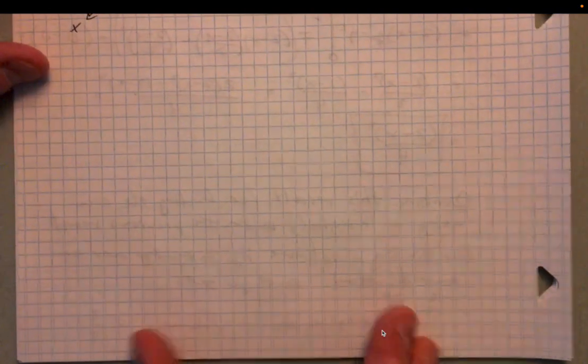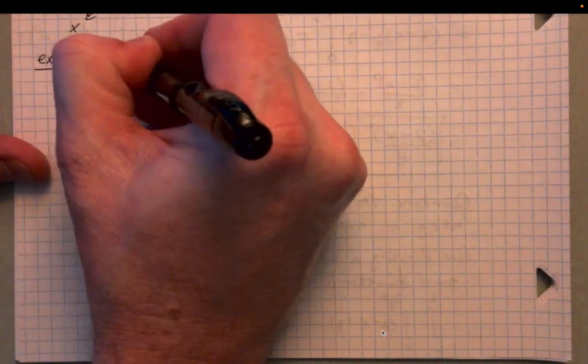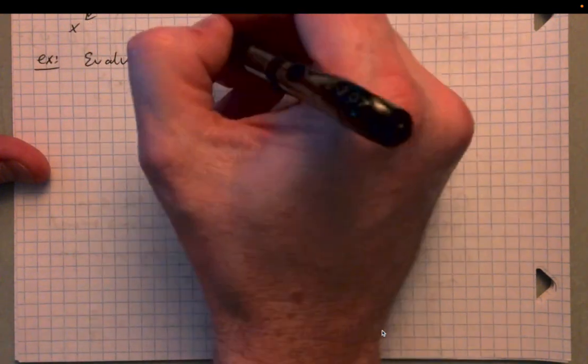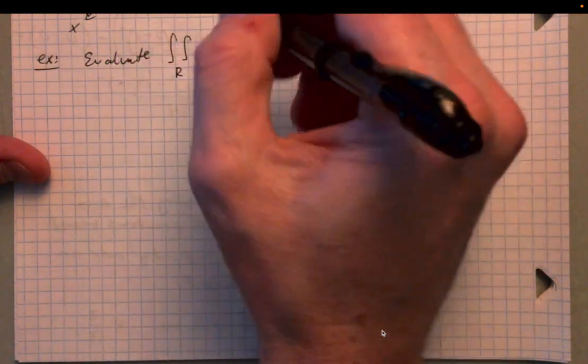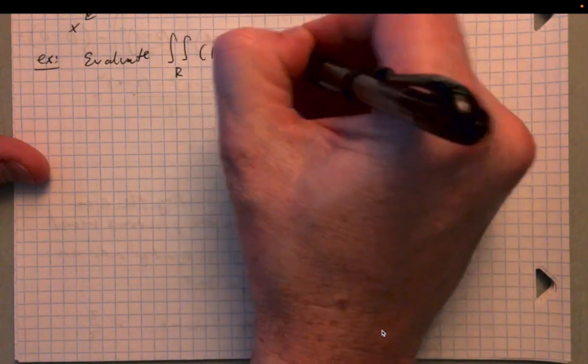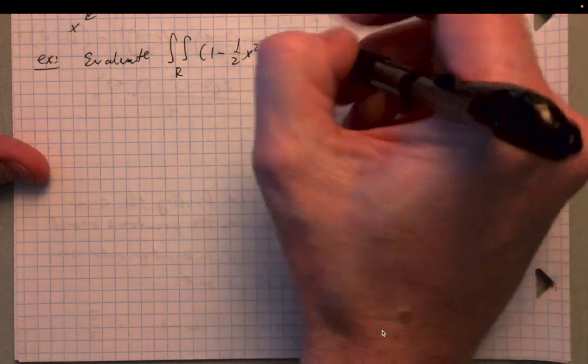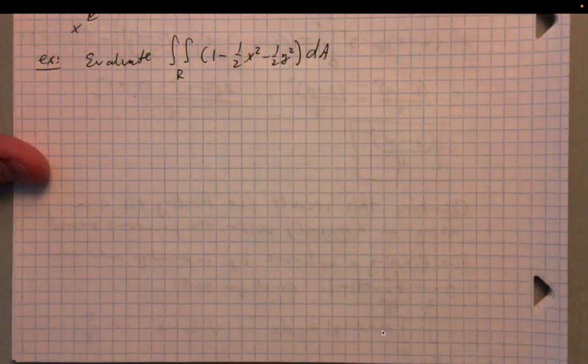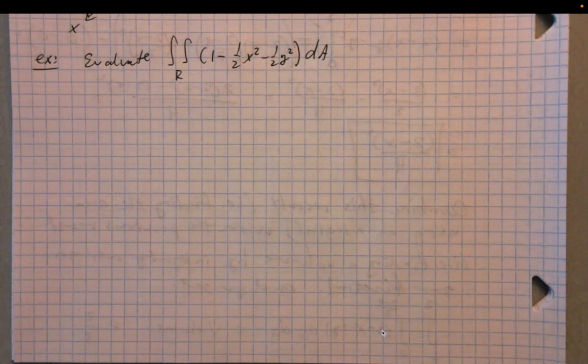So let's take a look at this example. Say we want to evaluate the double integral of 1 minus 1/2 x squared minus 1/2 y squared dA. Notice this is the example that we started with in part A of the lecture.